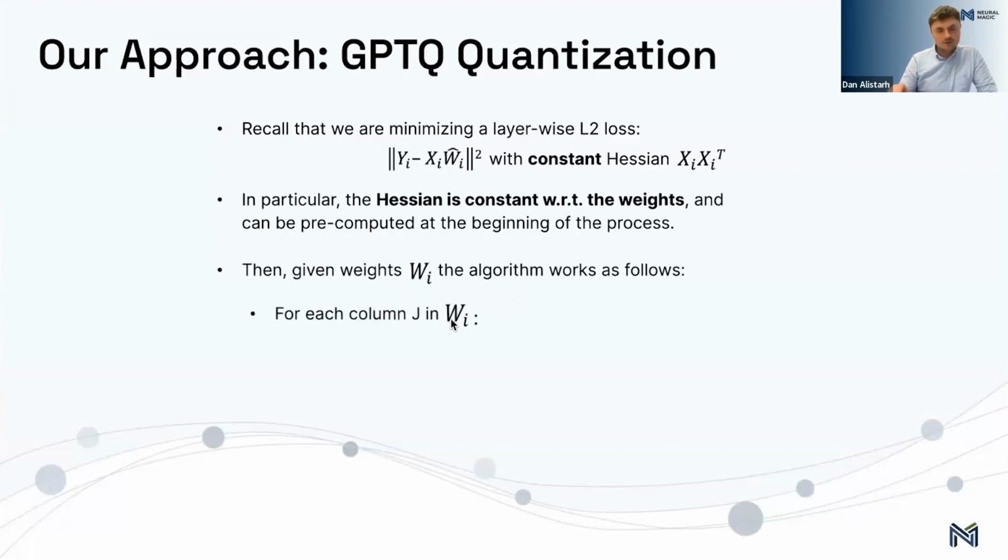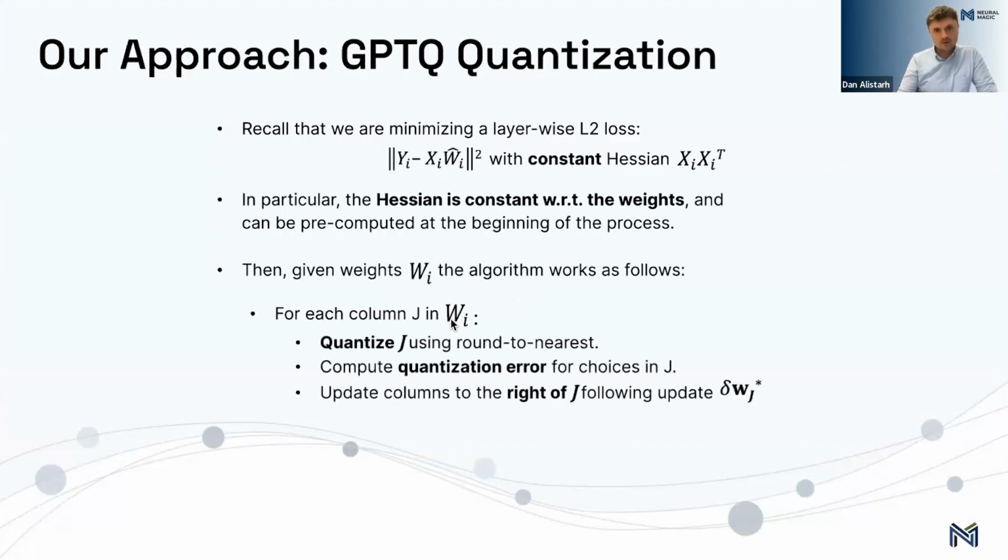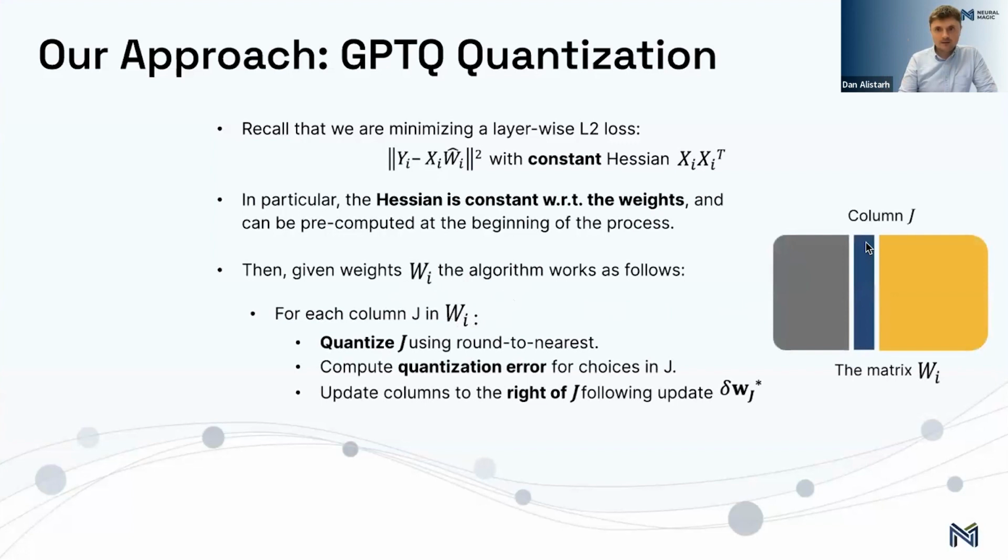So the algorithm will take the weight matrix, and we'll go over columns, which I will call j. At column j, we quantize or prune the values in column j, and then we update always to the right, following the optimal formula that Eldar gave us. Once we're back at the last column, we essentially call it a day, and we're done, quantized.